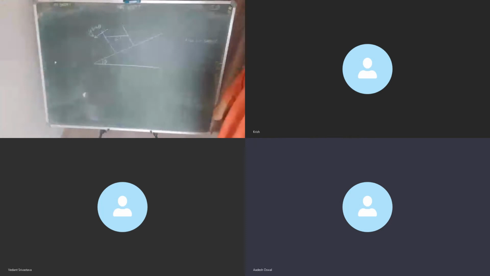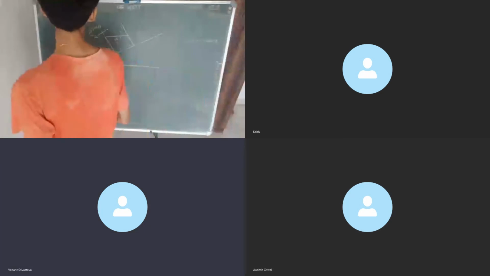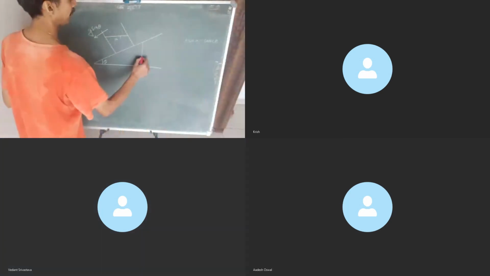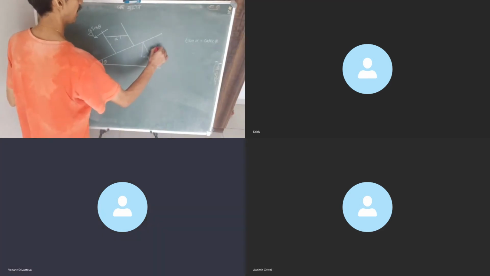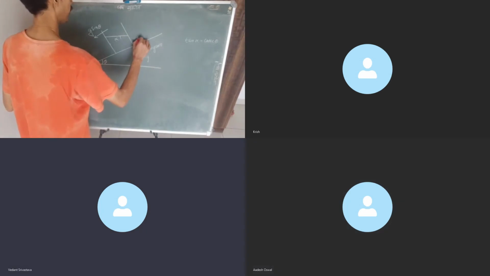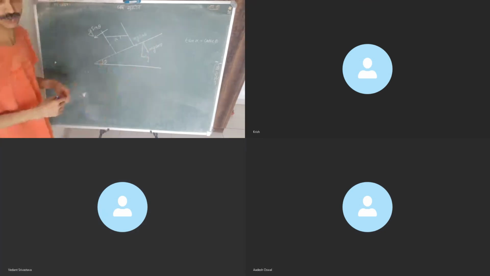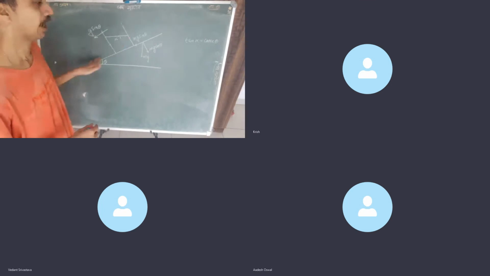So if I am to check, will there be a force parallel to its surface? Let us try to figure it out. This is mg acting on the liquid, and I break mg into two components. One will be mg cos theta, and the other mg sin theta, right? mg sin theta is acting in the direction downwards, down the inclination.